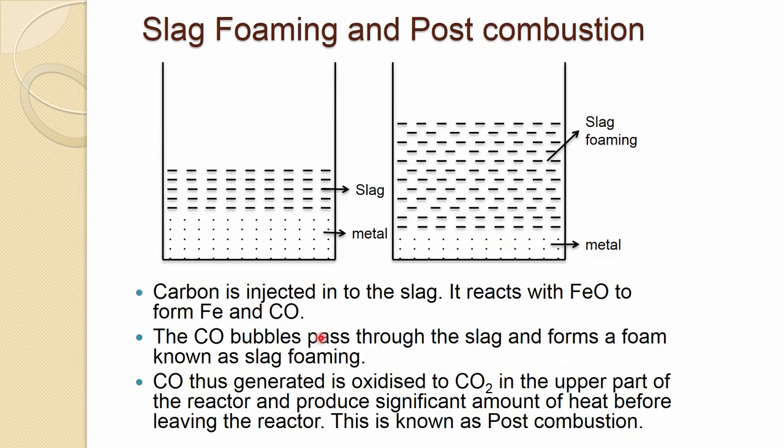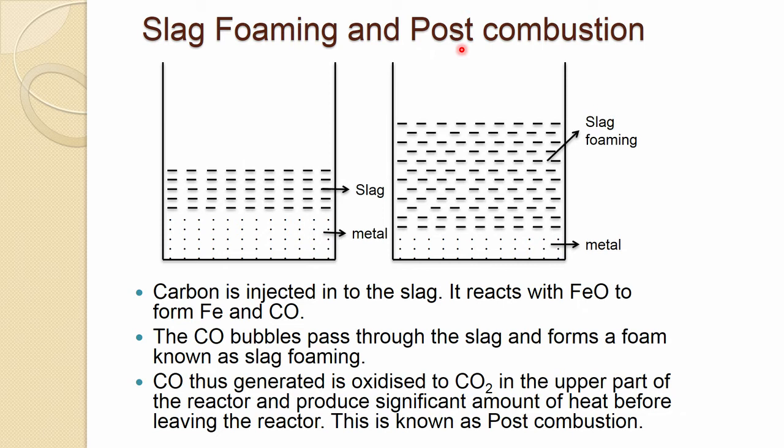So, in the starting of the smelting reduction lecture, we introduced two terms, slag foaming and post combustion, and we said we will just talk a little bit about it later.